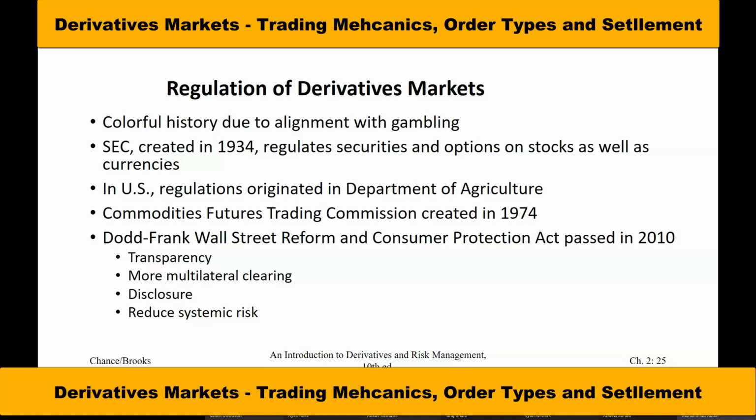And then there are the regulations of the derivatives market, and I would strongly recommend that you study this and read about it, not only from the book but also online, because the regulations have increased in number as well as in rigidity.